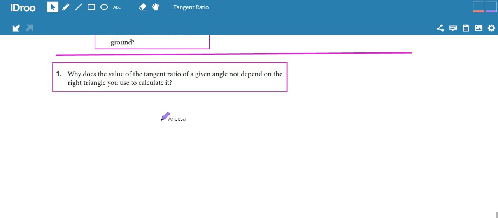So, what's the answer for you? I don't know, maybe it's because the sides and the other angles are different in each right triangle.